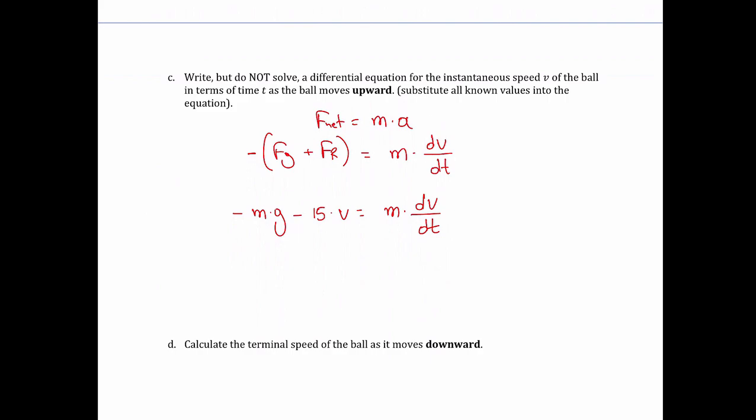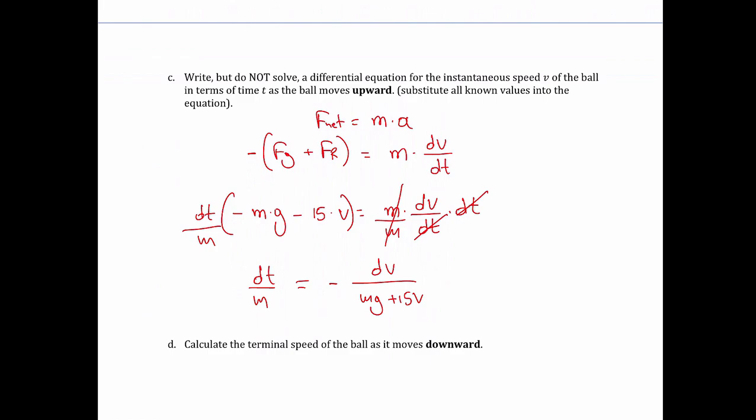So what we can do is multiply everything by dt, and divide by the bracket, so we'll have dt equals m dv over mg plus 15v.